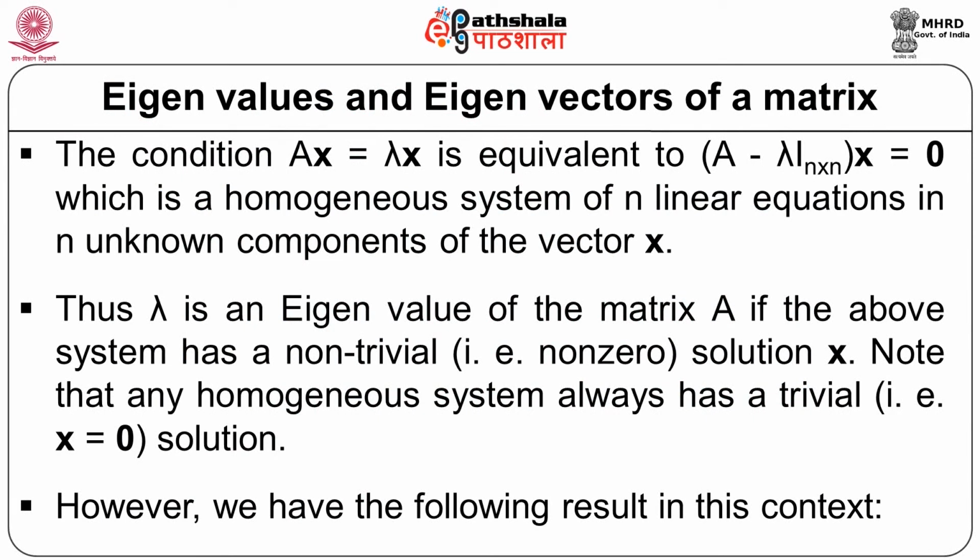The condition that A x bar equals lambda x bar is equivalent, if I transfer this to the other side and use matrix theory, to saying that (A minus lambda I) times the vector x bar equals 0, where I is the identity matrix of order n. This is a homogeneous system of n linear equations in the n unknown components of the vector x bar, and it is homogeneous because the right hand side vector is 0 bar.